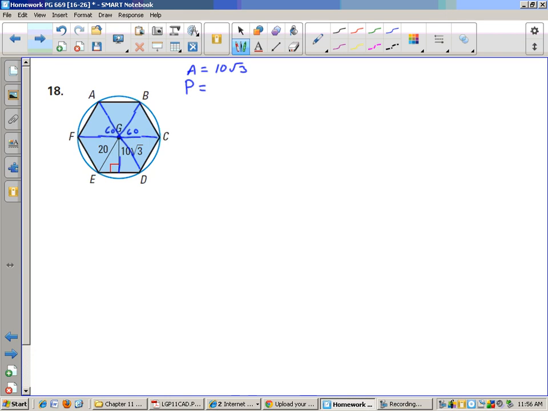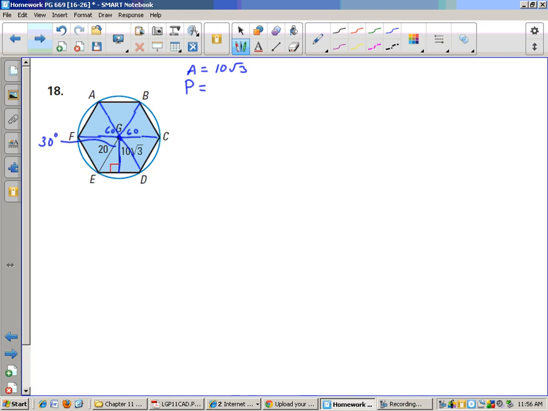And then when I look at this one, it cuts 60 down even further. It looks like it cuts it right here. It cuts it in half. So that means that this is a 30-degree angle right there. So I can use, let me just pull this.